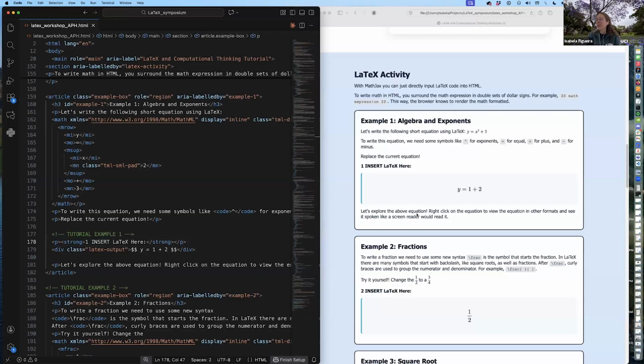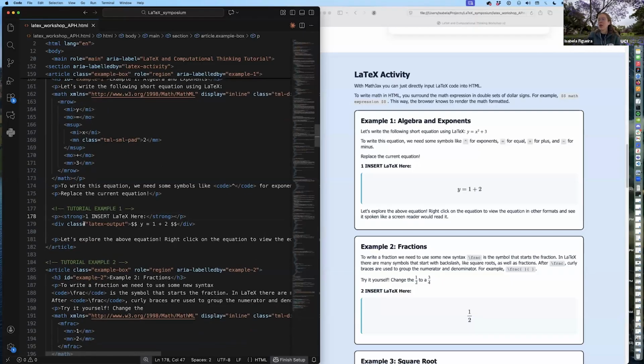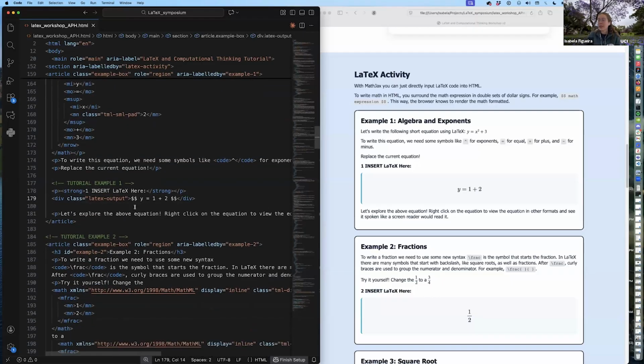So let's replace the current equation. On line 179, there you will see a dollar, dollar, and y equals 1 plus 2, dollar, dollar. So go to line 179 and replace that with y equals x squared plus 3.